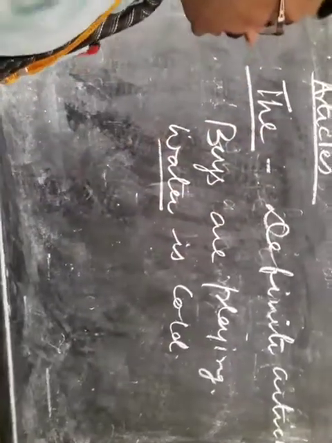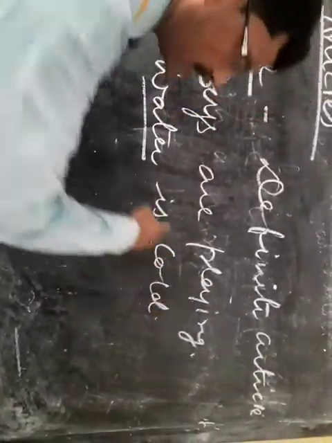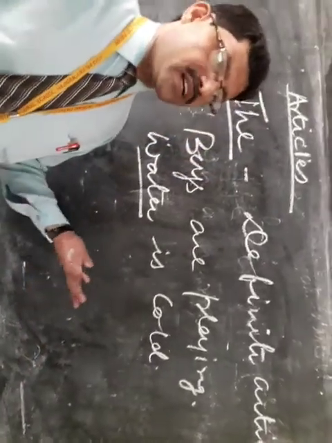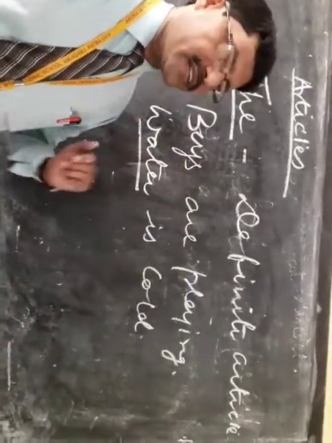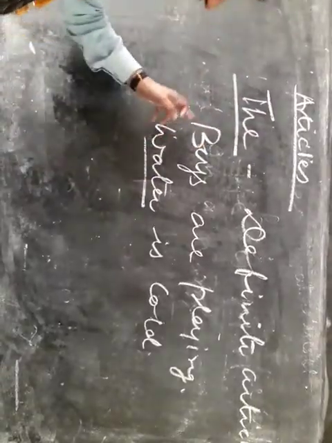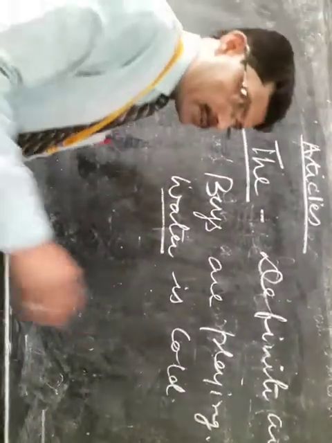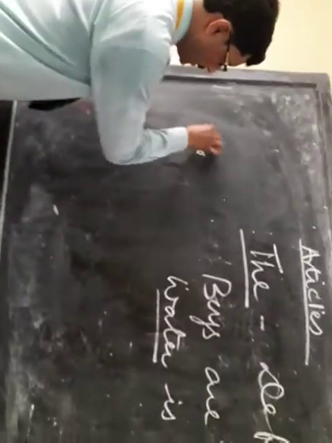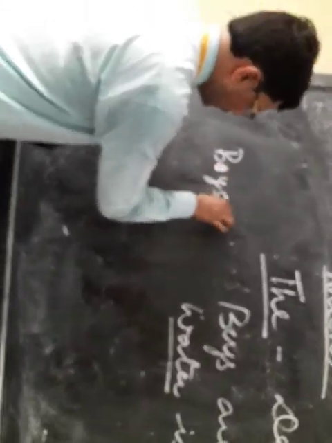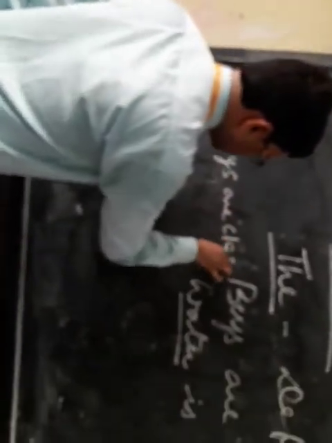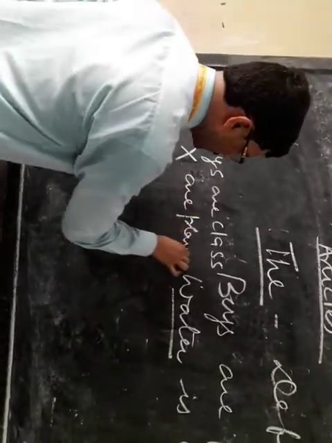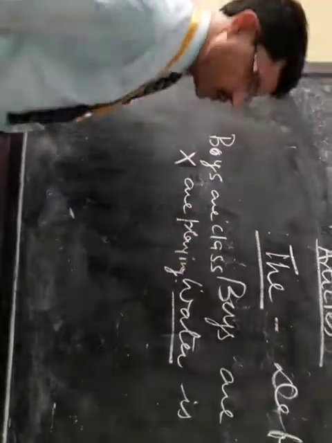Take an example. Boys are playing. Here it is not about particular boys. So this is correct. And if I have to say, boys of class 10th are playing, now tell me whether it is right or wrong.